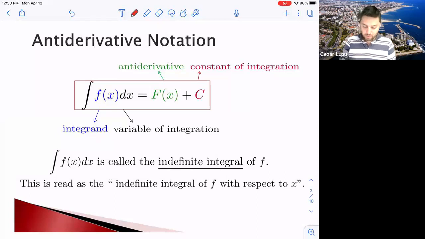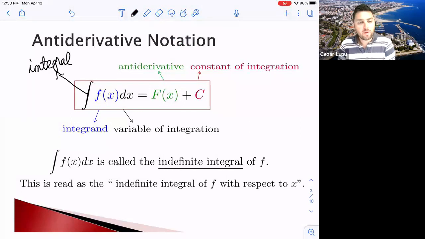So let me write it here. We're going to read this as follows: the integral of f of x dx is capital F of x plus c, and that c is a constant.